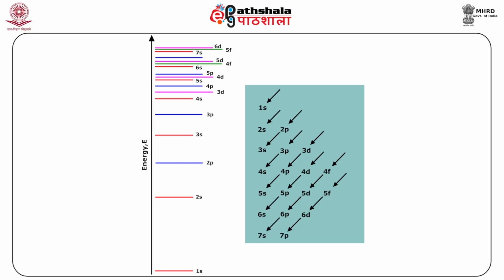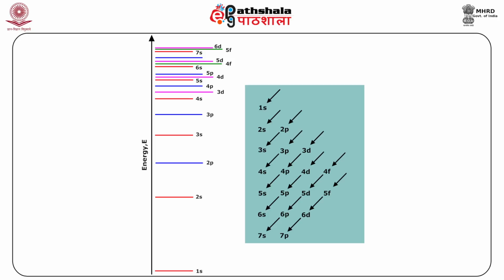It means that the orbital of lower energy will be filled first, and then the orbital of next higher energy will be filled. To specify the trend, the chart can be considered. The diagonal rule is followed to find the increasing energy terms.